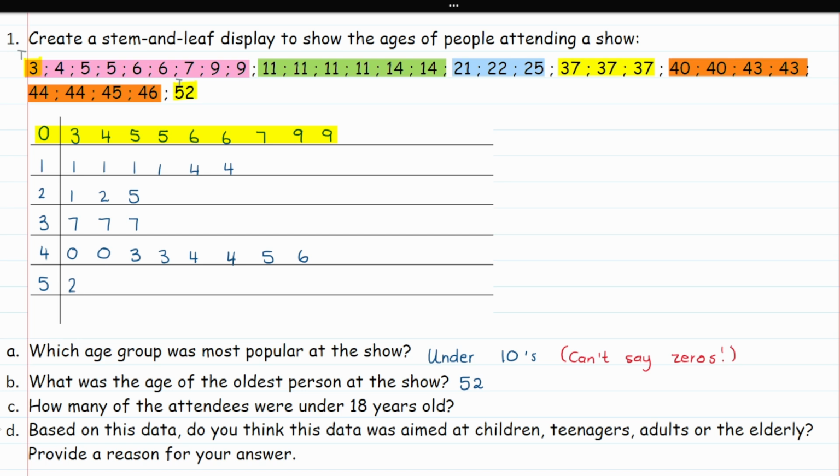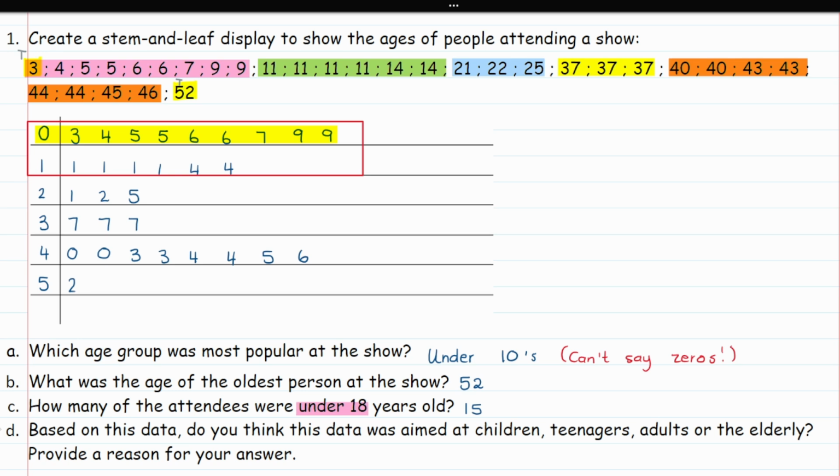Question C asks how many of the attendees were under 18 years old. Here we can see that there were 15 children who were under the age of 18. Question D is asking us who we think the target market for the show was. This is an open-ended question where answers may vary, but if you think about it, the majority of numbers here belong to adults.